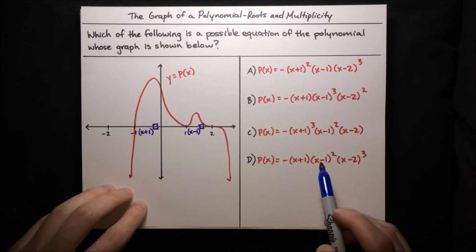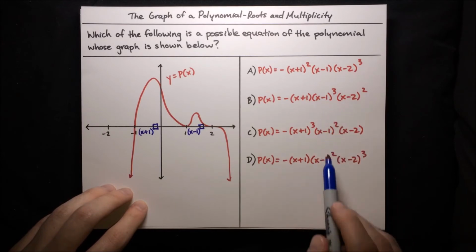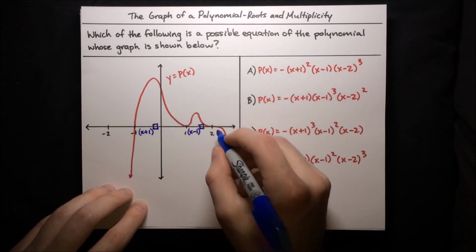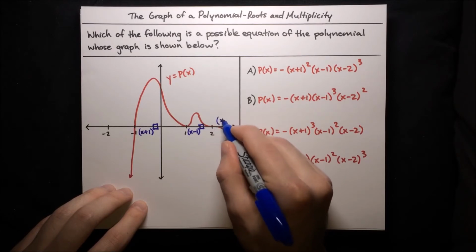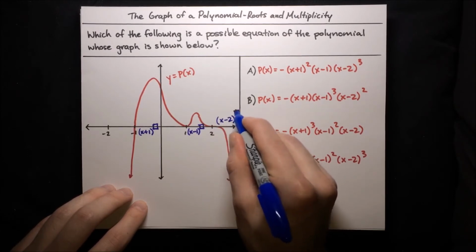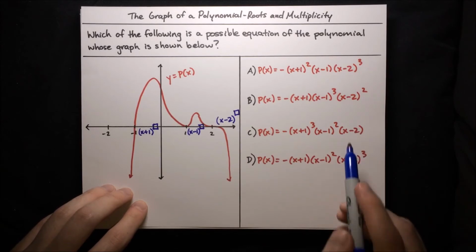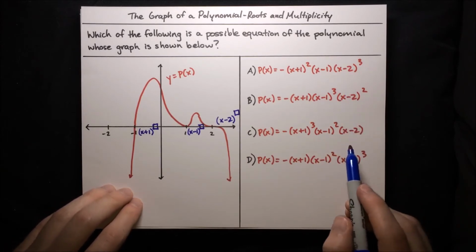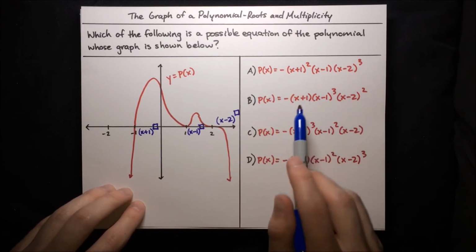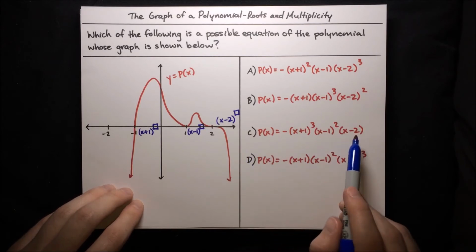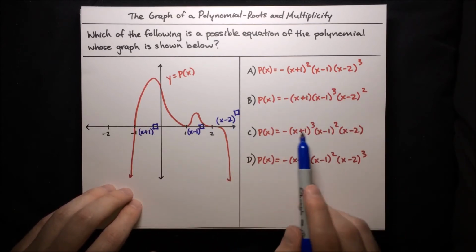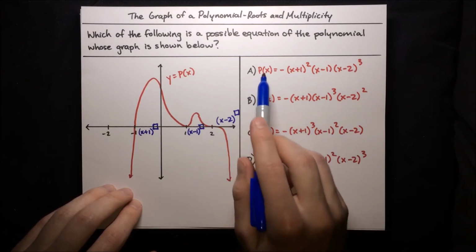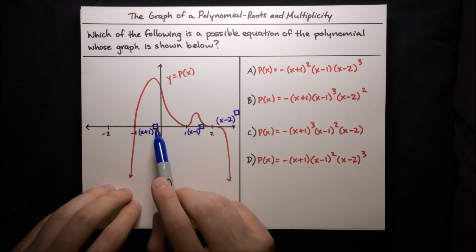Again, everything has that root. Then root at 2, so that corresponds to a factor x minus 2 to some power, and again, they all have a factor x minus 2. So we're not able to eliminate anything just yet because they all have the right roots, but let's take a look at the multiplicities.